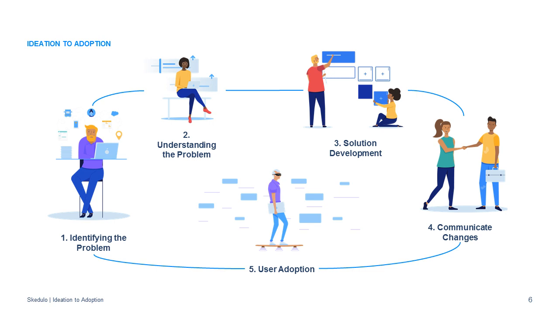First, we need to know that there is a problem that needs to be solved. Then we can gain a thorough understanding of the problem. Once we have that thorough understanding, we step through the software development cycle of solutioning, developing, and testing, followed by communicating changes or new features out to our customers, and after that comes the user adoption.